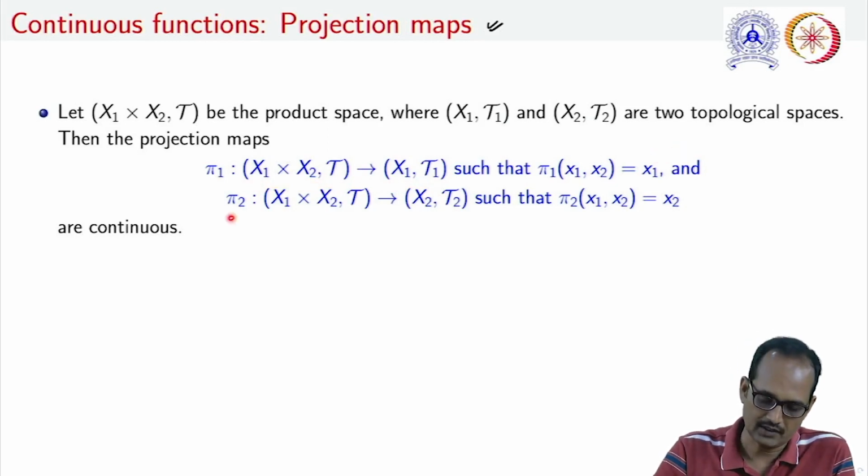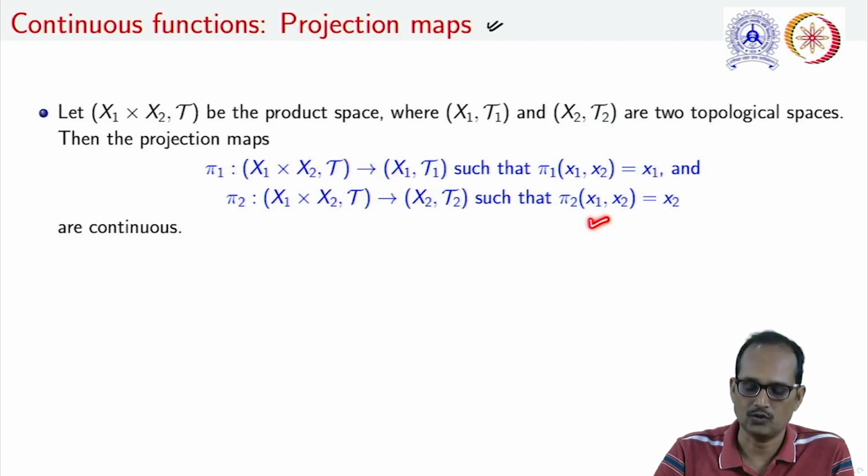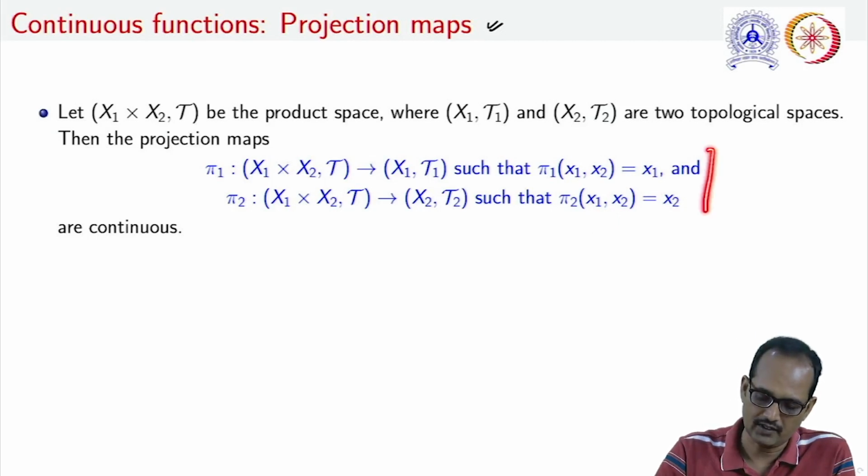Similarly, the second projection map, that is pi 2, is defined as pi 2 of (x1, x2) equal to x2. What we can justify is that both the maps are continuous.